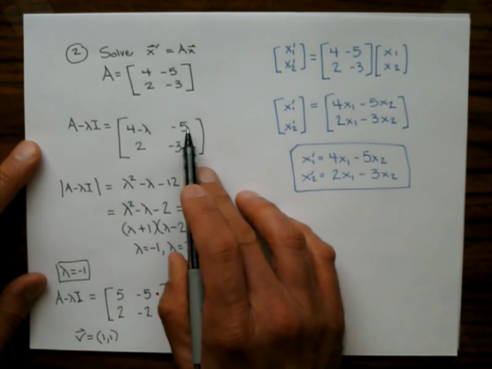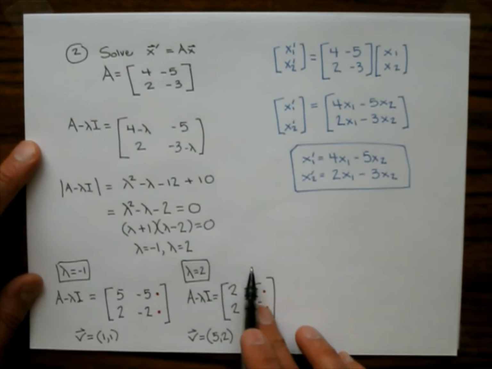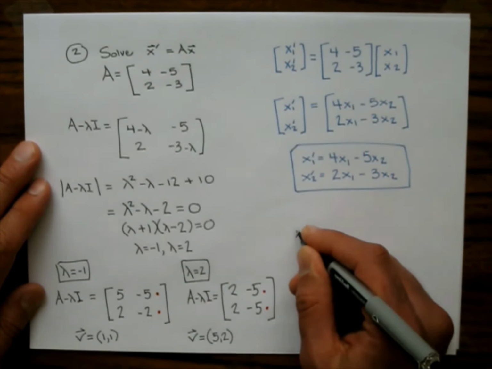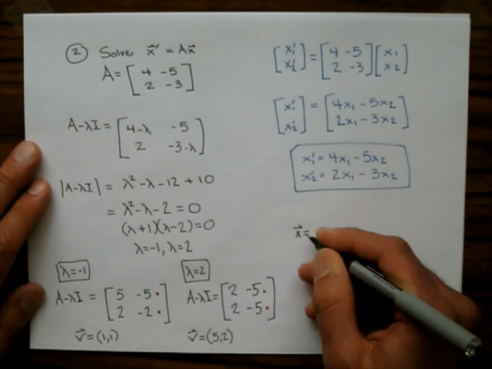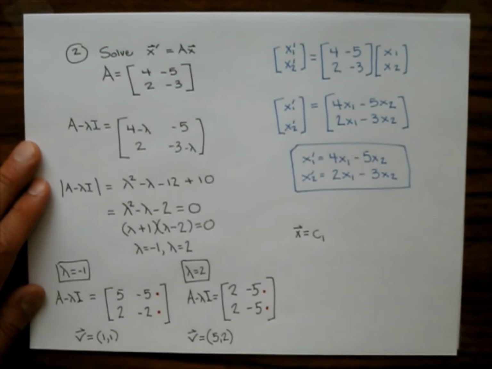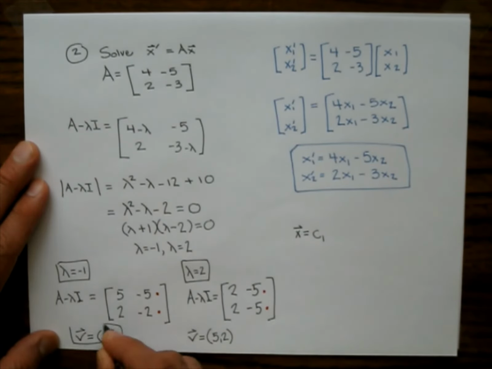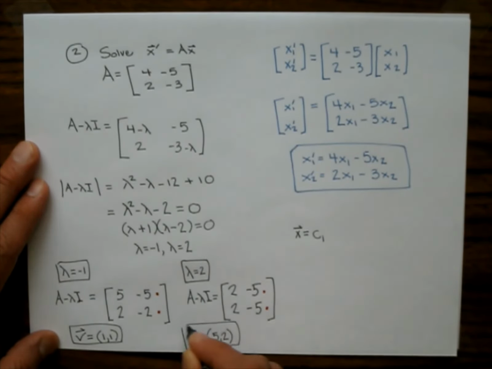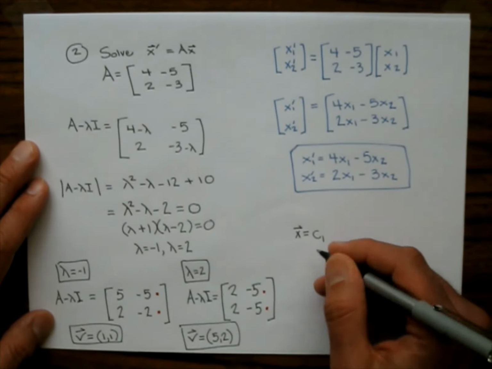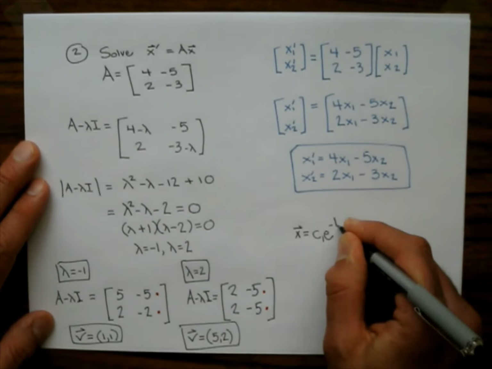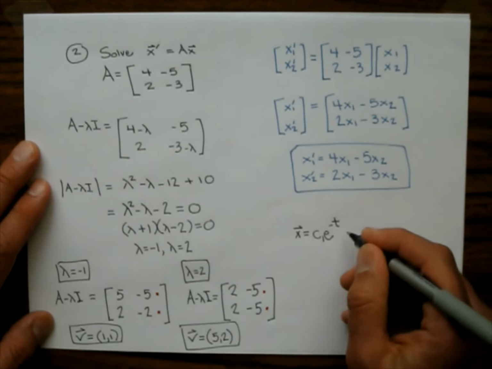You're going to see that in some of your homework problems that most of the work is doing linear algebra, eigenvalues, eigenvectors. So watch, here's the final answer. The final answer is x bar equals C1, and then we go with this eigenvalue, eigenvector pair. Let me box these here. So I have C1 e to the negative t, and then we have vector 1, 1.